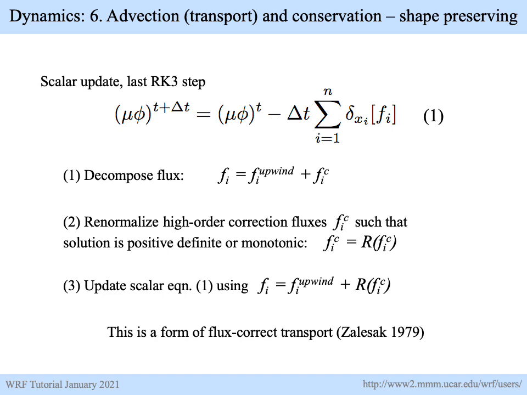In the last step of the scalar update, we apply what's known as essentially a form of flux-corrected transport, which goes back to the late 70s paper from Zalesak, and many others have incorporated versions of this into their models. Essentially, at that last step, we compute all the fluxes that go into the flux differences to do the update.